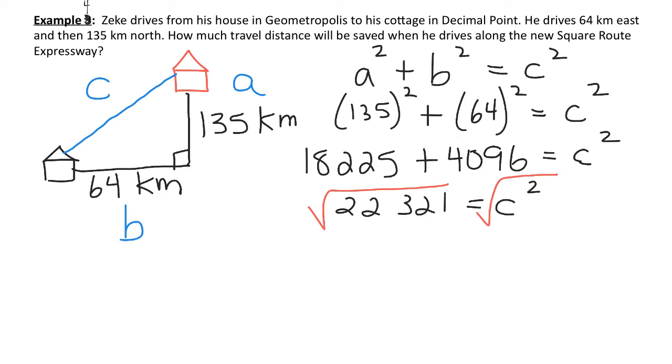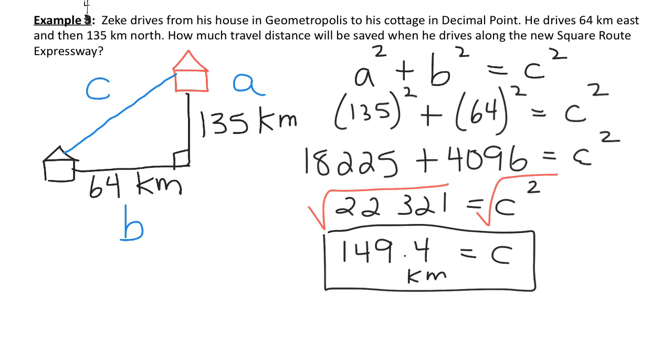And then if I take the square root of 22,321, I am roughly going to get about 149.4 for my C value. So that's 149.4 kilometers. So I'm just going to squeeze in my units there. So the length of that square root expressway is about 149.4 kilometers.